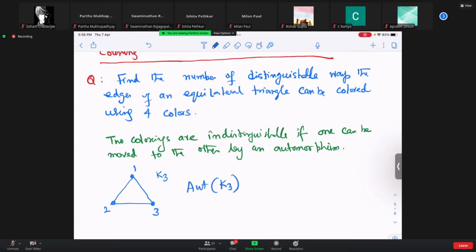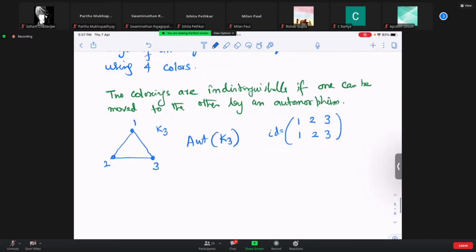What are the automorphisms of K3, and what is the size of the automorphism group? One automorphism, of course, will be the identity. So if you have 1, 2, 3, it will be mapped to 1, 2, 3. That's the identity. What are the other automorphisms of K3? I think the group will be S3 and size is 6.